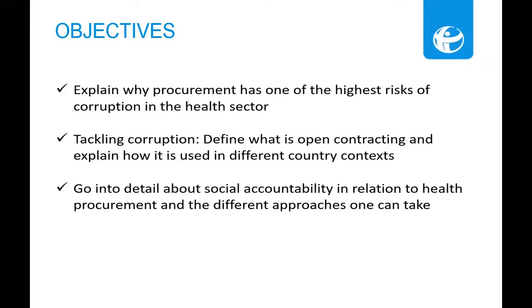Finally, we're going to go into detail about social accountability and how this works in relation to health procurement and open contracting. Social accountability is what we've been doing in the open contracting for health project mostly, and this is where you'll be finding more examples from our work.